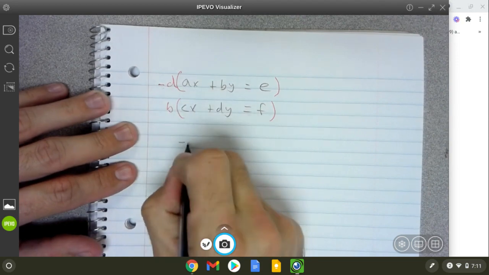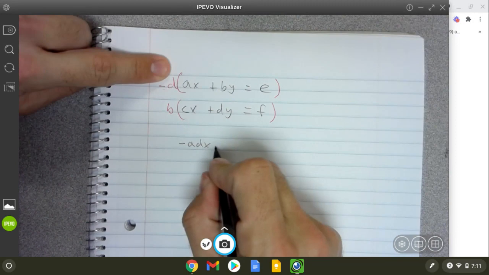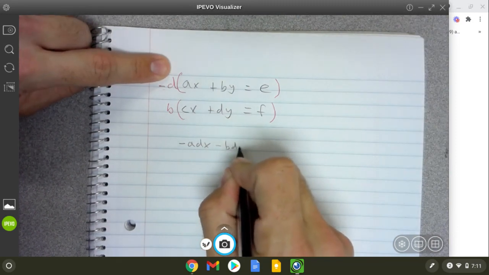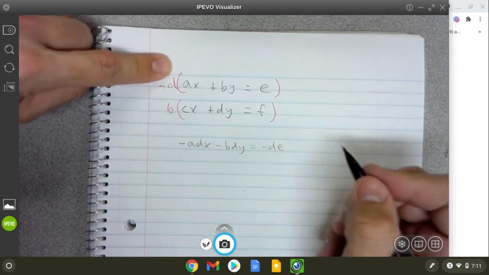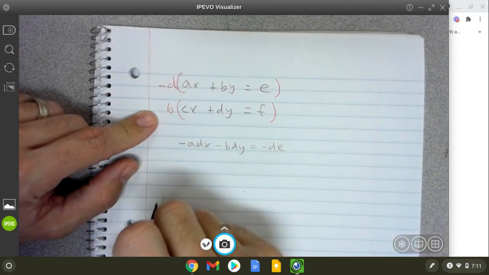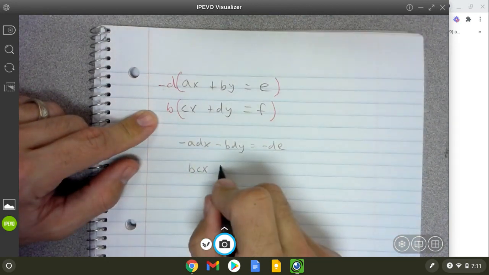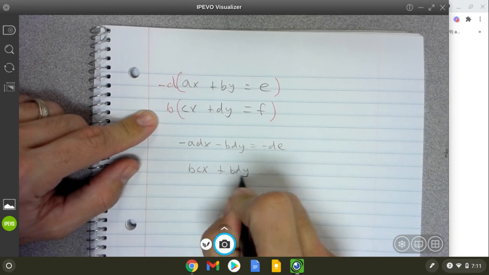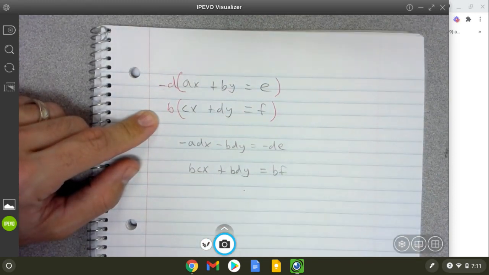Distribute here. We're going to get negative ADX for that term, and then minus BDY equals negative DE. On the second equation, we're going to get BCX plus BDY equals BF.